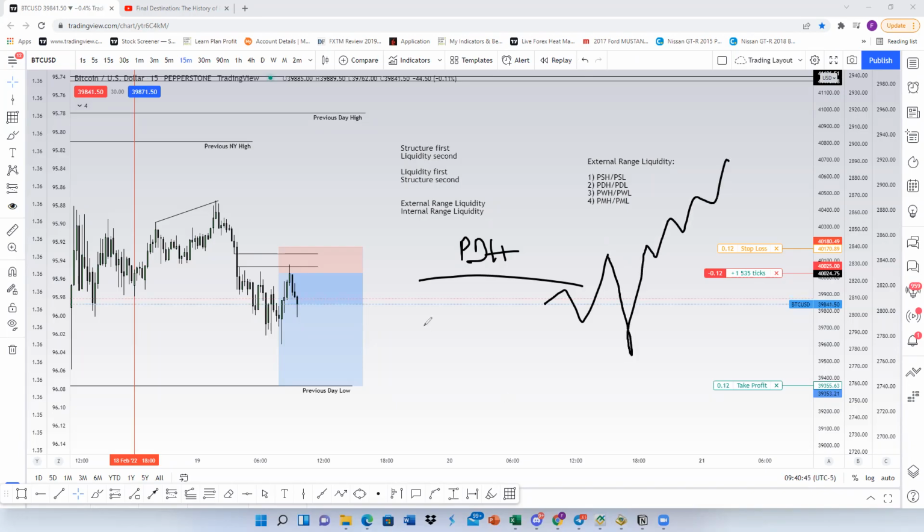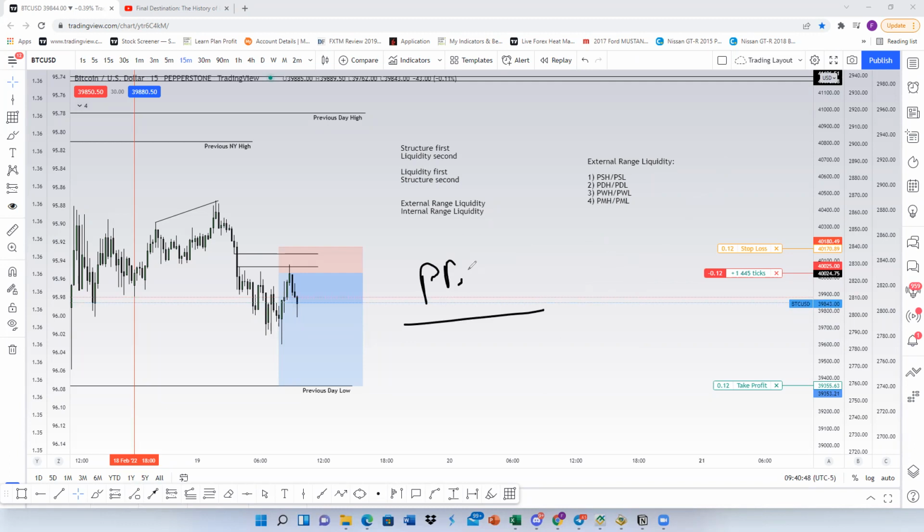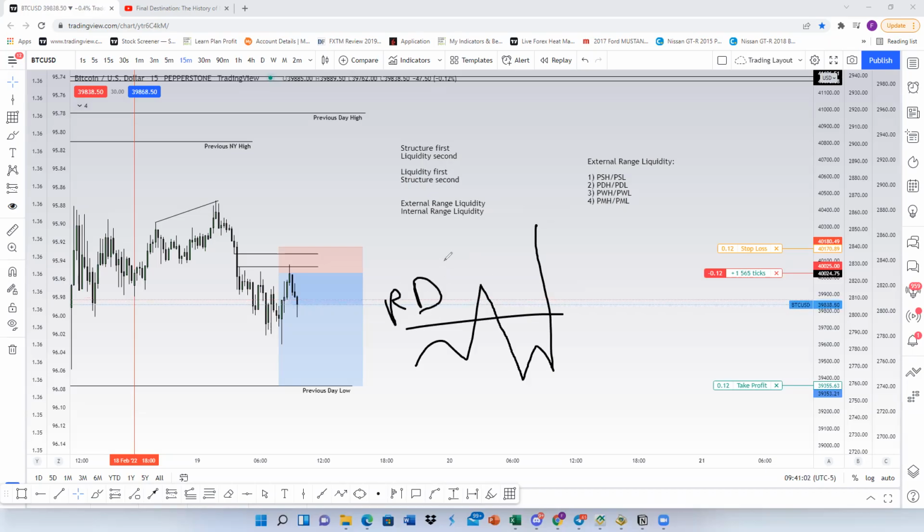Previous day's high over here, you get the point, right? Price takes it out and goes back higher than that. Then what happens? The previous day's high is going to be used as support. Price is going to work off the range over there and go higher.